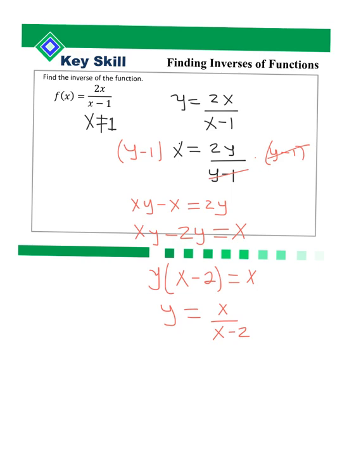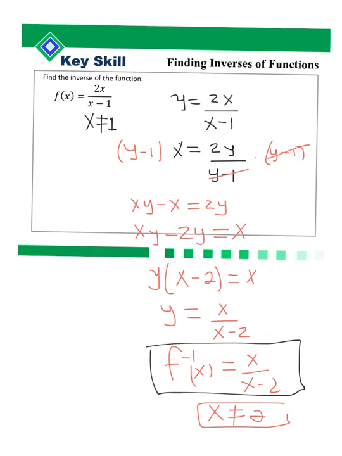And you can see, not the domain but the inverse, x cannot equal 2. That's the domain of the inverse.